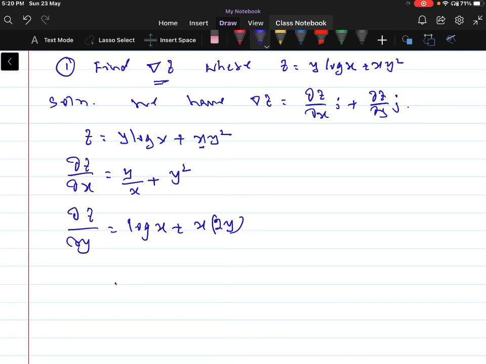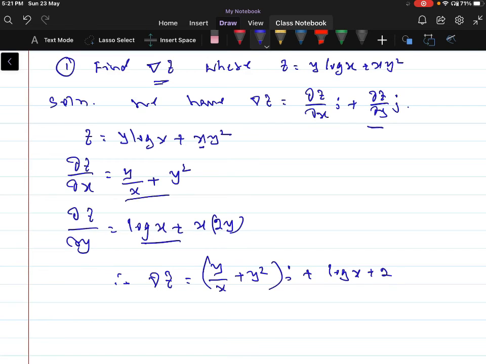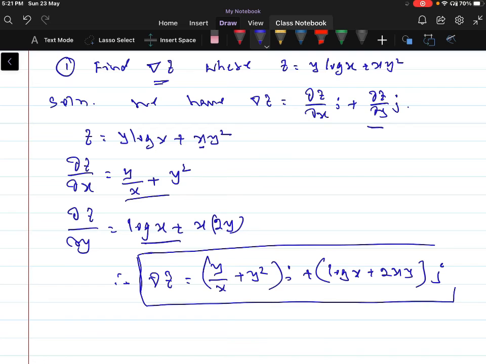So therefore gradient of f is equal to where dou f by dou x is y by x plus y square into i cap plus where dou f by dou y is log x plus 2xy into j cap. So this is the gradient of a scalar function f.